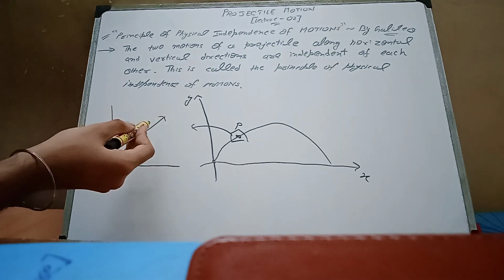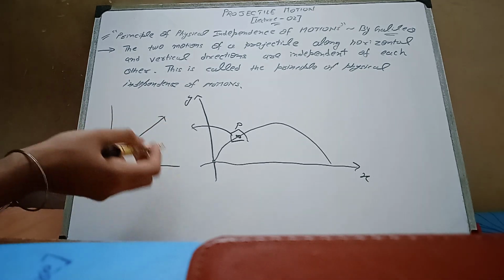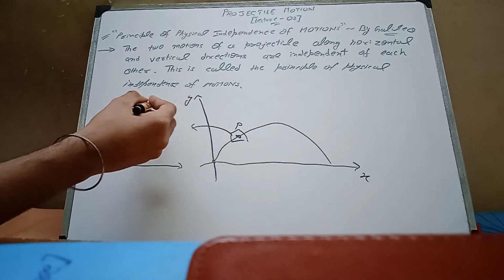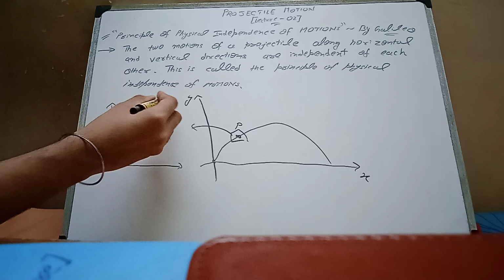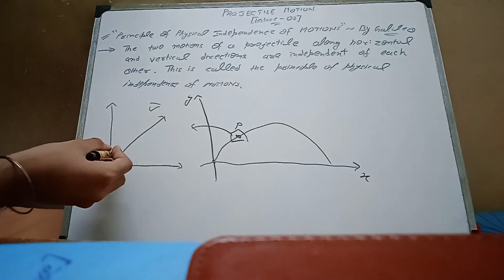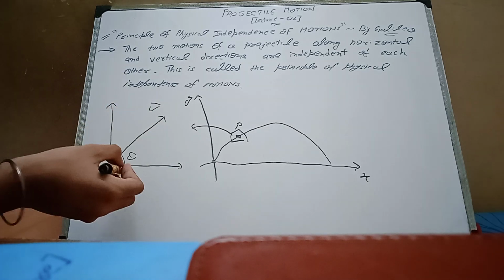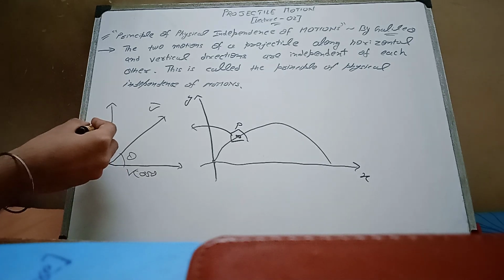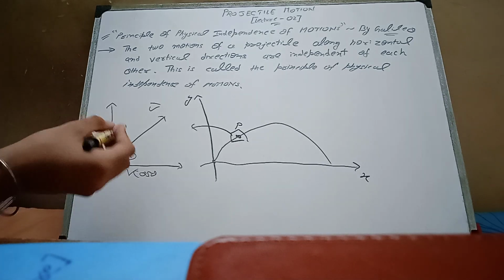This is the original vector which we have resolved into two rectangular components. This is the original vector, say vector v, and this is angle theta. So this is v cos theta and this is v sin theta, right?